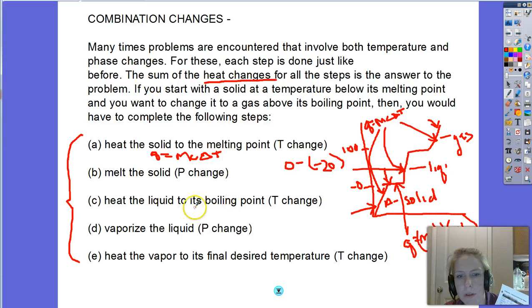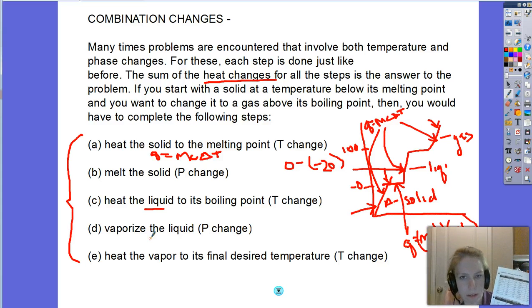So once we do our Q equals MC delta T for this one, we're going to have to do the Q equals moles times the delta H of vaporization, which for water, if we look down here, molar heat of vaporization for water is 40.7 kilojoules per mole.